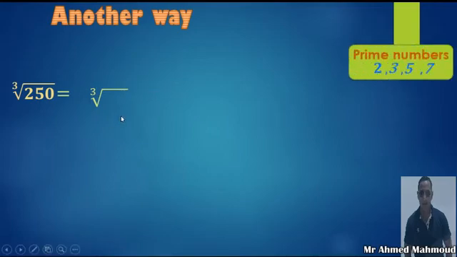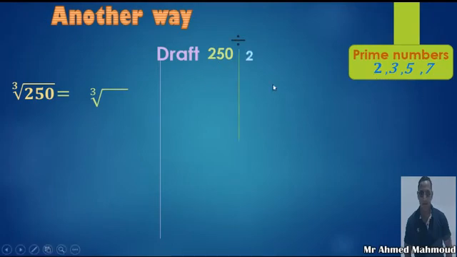We are going to make a draft and then take 250 and make a prime factorization like this. 250 divisible by 2 equals 125 here. 125 is not divisible by 2 or 3, it's divisible by 5, equals 25. 25 is divisible by 5, equals 5. 5 divisible by 5 equals 1.